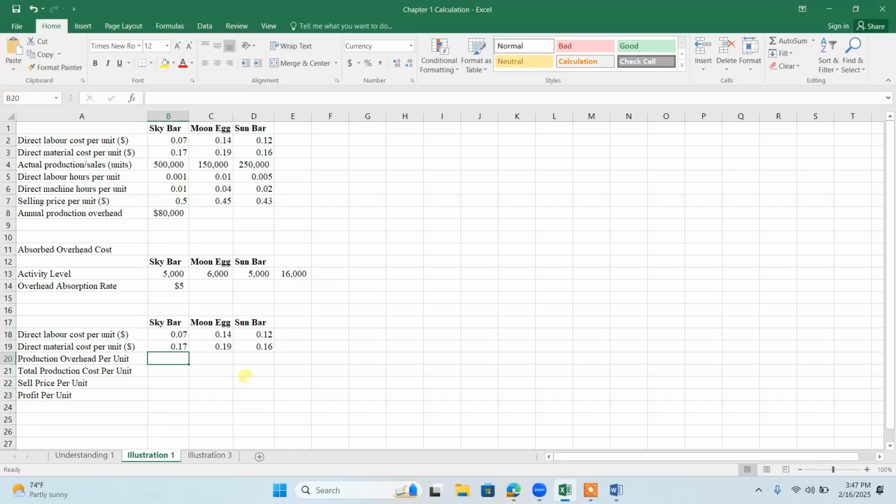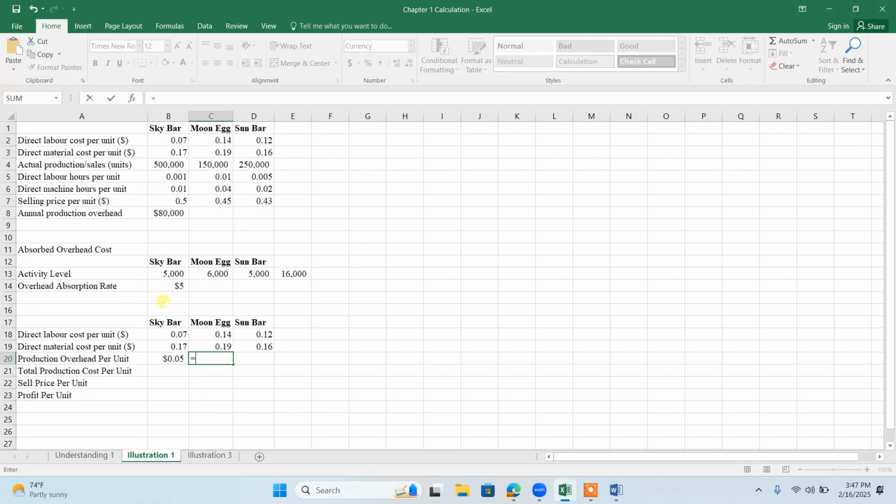I'm saying it again: $5 is for 1 hour. Now I have to distribute it among these 3 units. How many hours does the Sky bar require to produce 1 unit? It requires 0.01. And for 1 hour we charge $5 as the overhead absorption rate. So $5 multiplied by 0.01 hours.